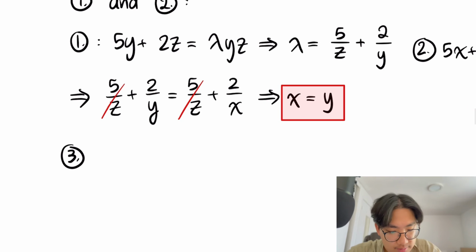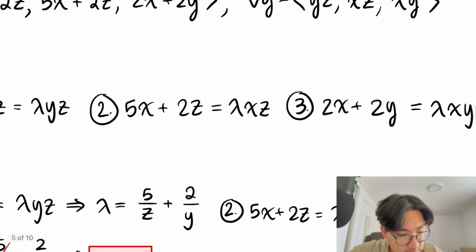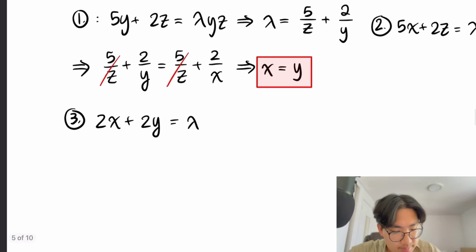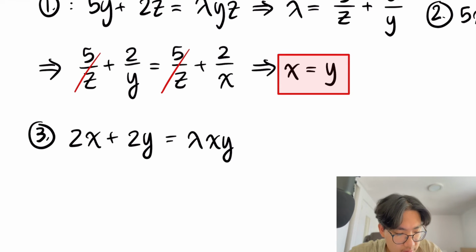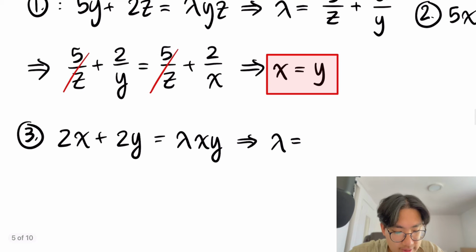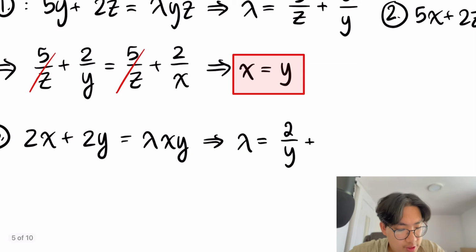So 2x plus 2y is equal to lambda xy. And then now we can divide both sides by xy, meaning we have lambda, and then 2x divided by xy is just 2 over y, and then 2y divided by xy is just 2 over x.